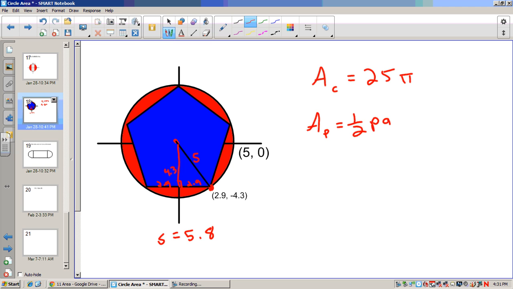Now I'm going to multiply that side length times 5 to get 29. So the distance all the way around my perimeter is 29. So we're going to take half of 29 times our apothem, which is 4.3. That gets us to 62.35.